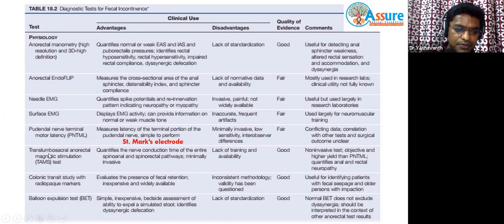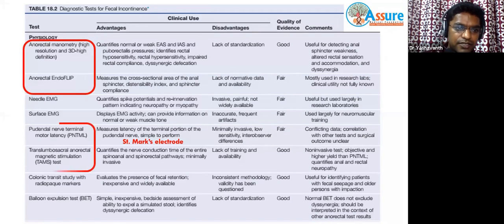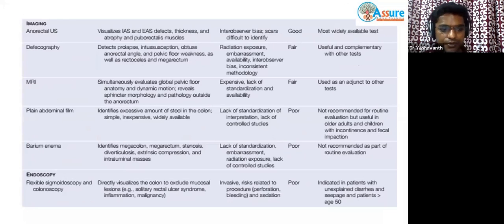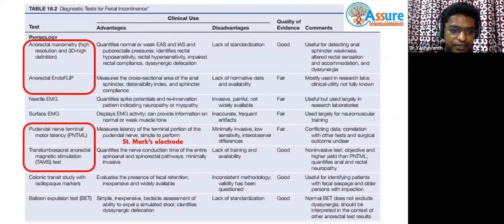And TAMS, that is trans-lumbosacral anorectal magnetic stimulation, is a non-invasive test, which also tells how the nerve conduction is, and sometimes it is used as a mode of bridging in the treatment. So what we need to concentrate on are manometry, EndoFLIP, pudendal nerve terminal motor latency and TAMS.